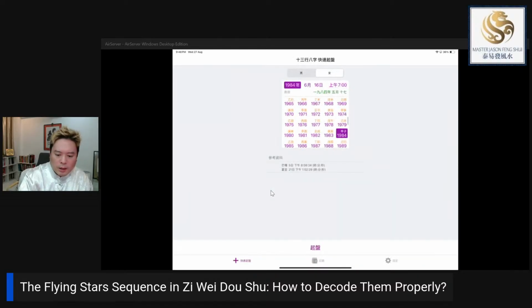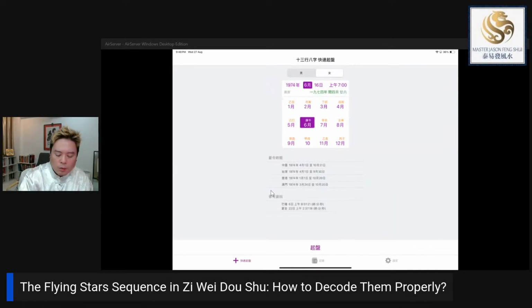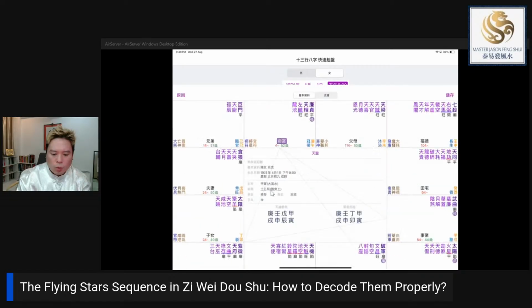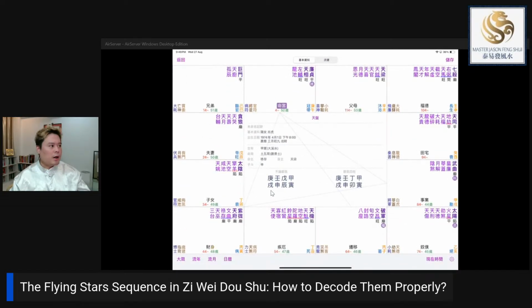Okay, what I mentioned earlier on, the person having 廉贞 as the 化禄. For example, this person, as shown on the screen, we have 廉贞化禄, because this person is born in the year of Jia wood as the heavenly stem.